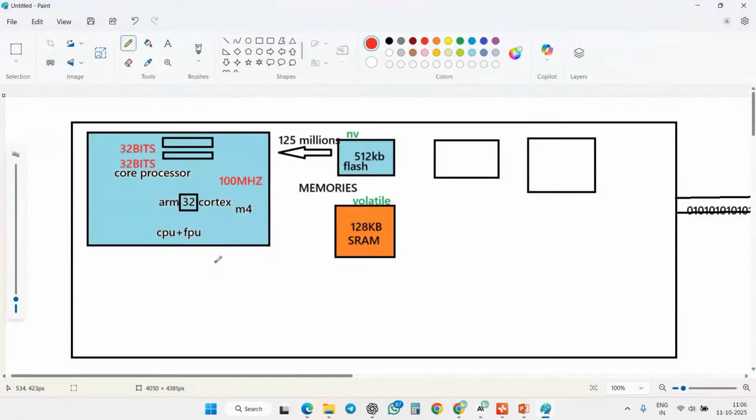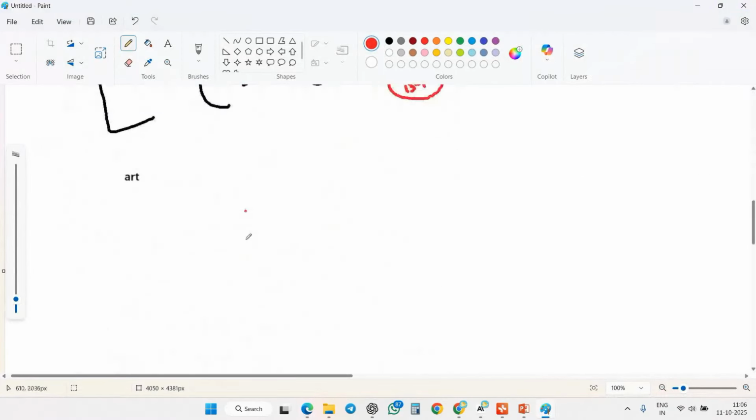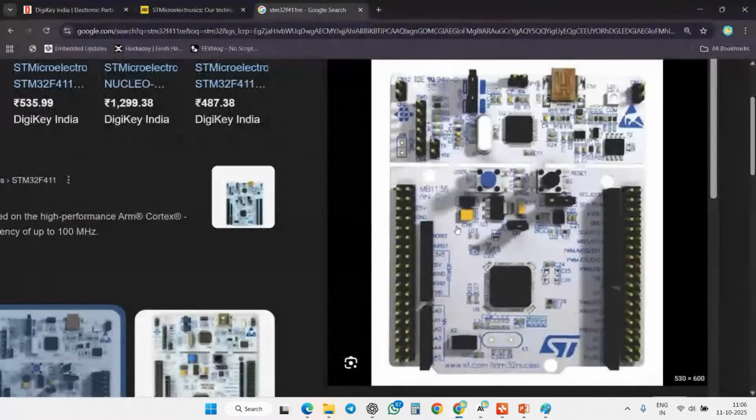What is this power on reset? You have a microcontroller board in your hand. When I connect the power supply, when I give power through this USB, all of the peripherals inside, the registers, everything will be there.